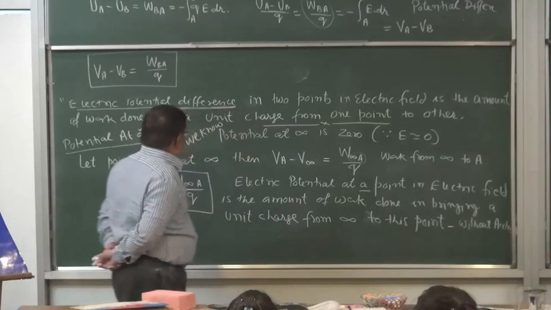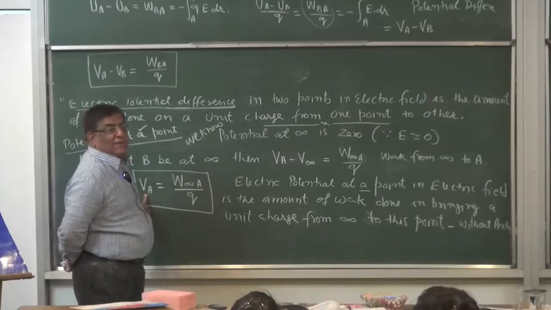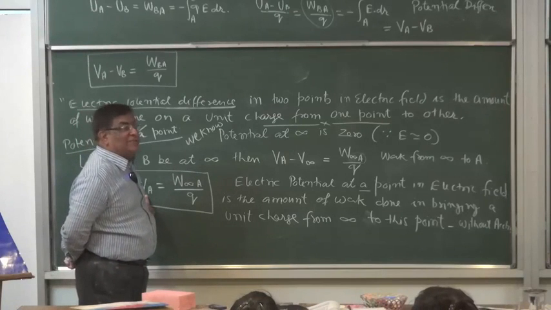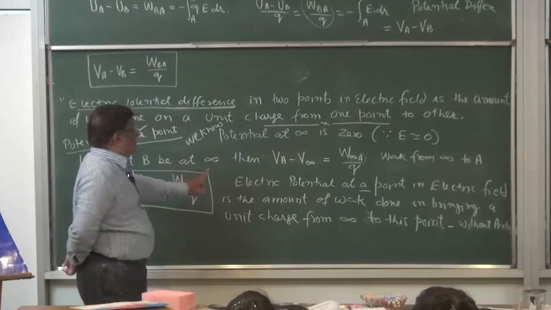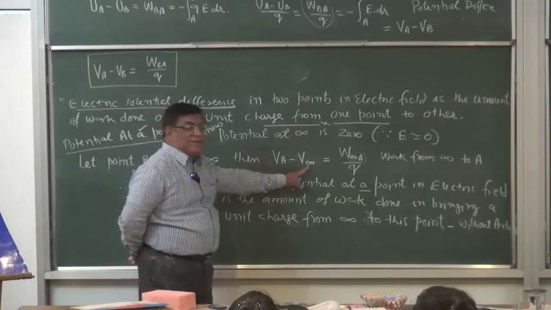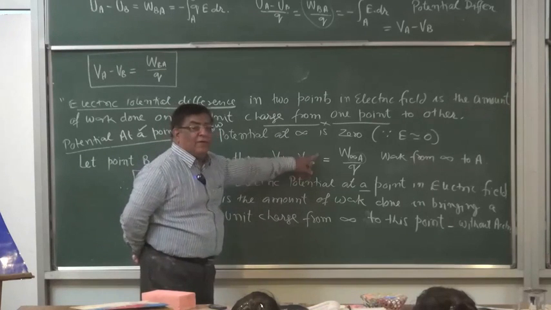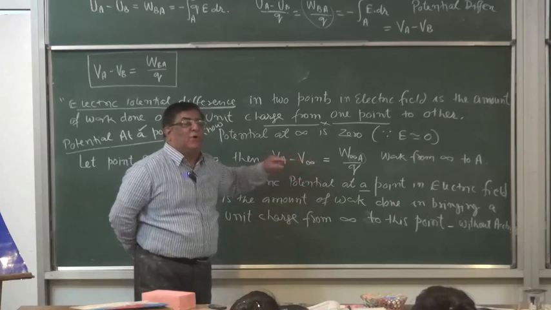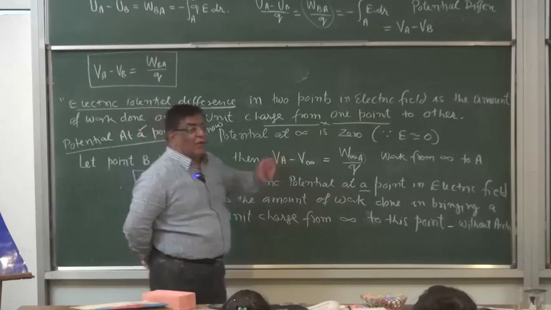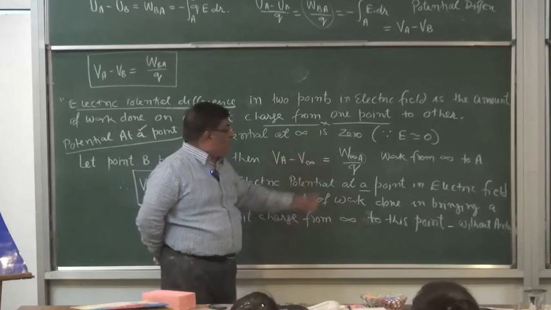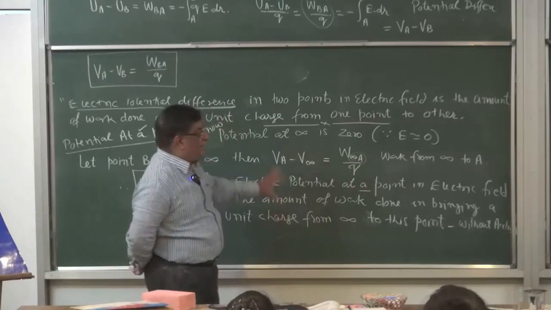Okay, so this formula is basically a formula of potential energy, potential difference. What trick have we used in the potential difference? In this potential difference, VB we have made V infinity because we know V infinity is 0. So accordingly, our definition has also changed and now we are doing work from infinity to this point.